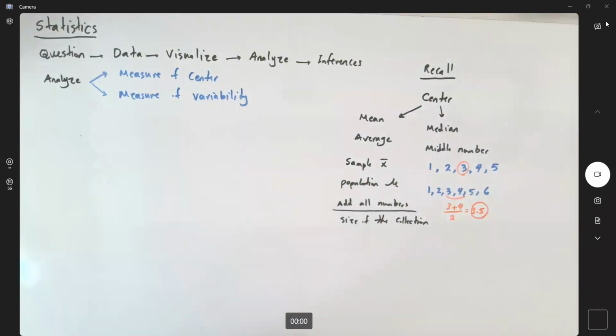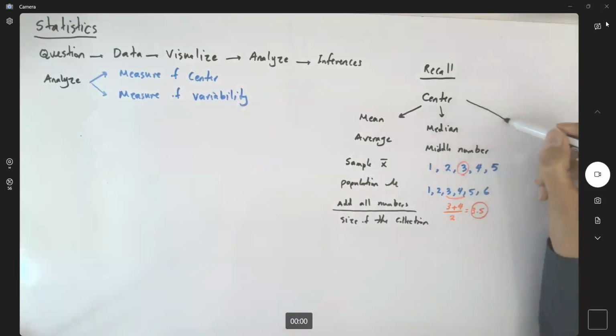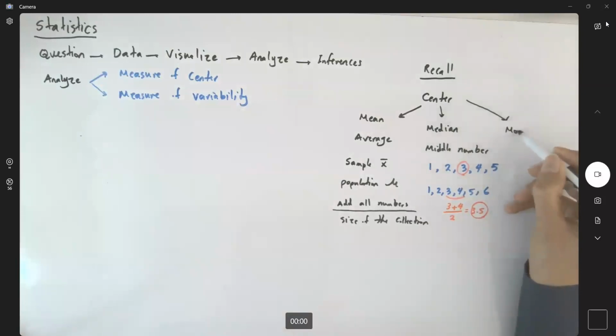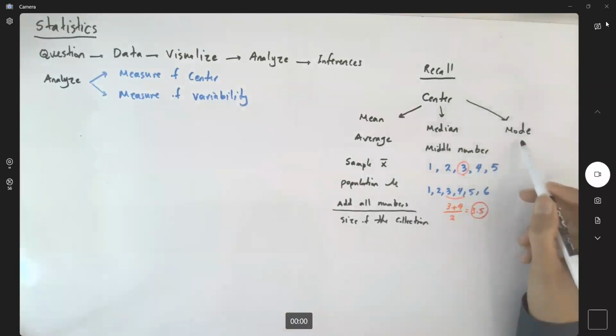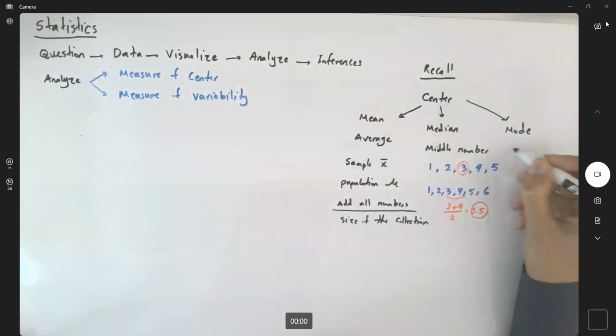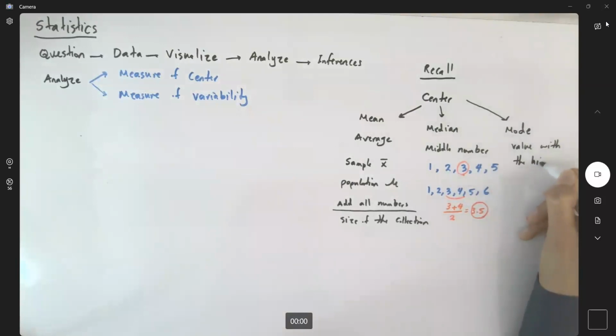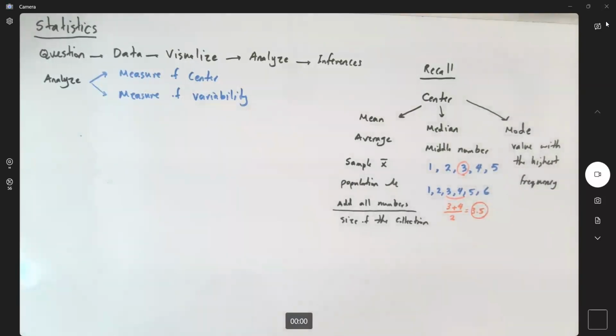Another measure of center is called the mode. Not all data have mode. It's the value with the highest frequency, the value with the highest repetition.